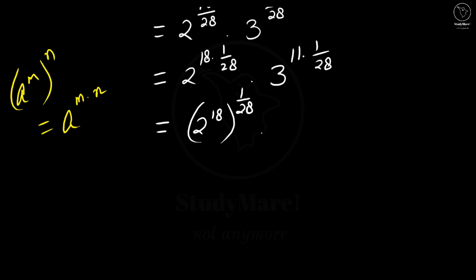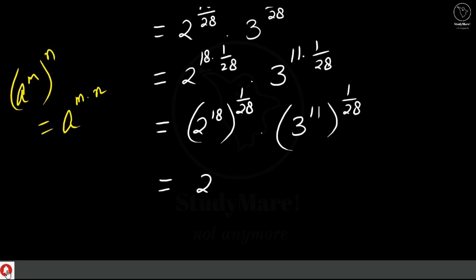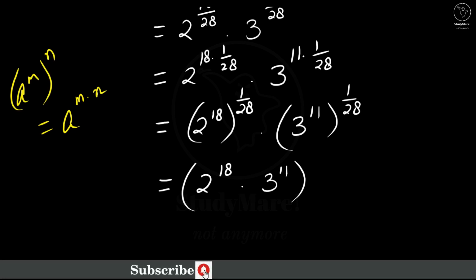Here we get 3 to the power 11 to the power 1 by 28. This can be written as 2 to the power 18 into 3 to the power 11 and this whole raised to the power 1 by 28.